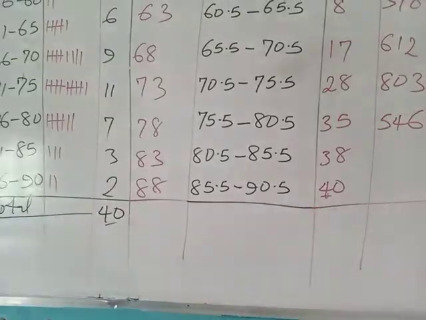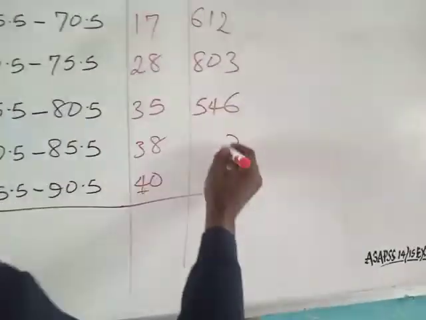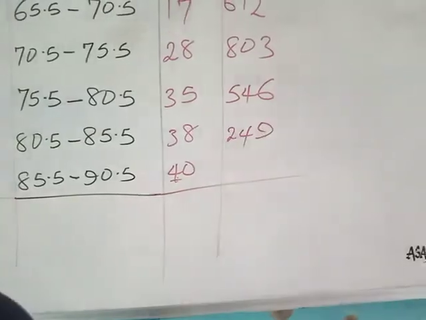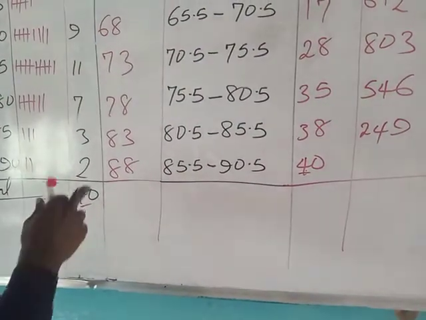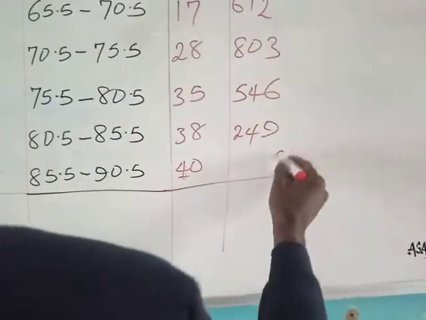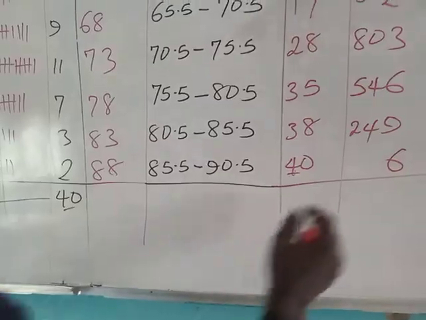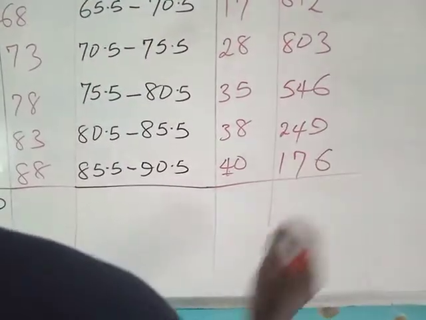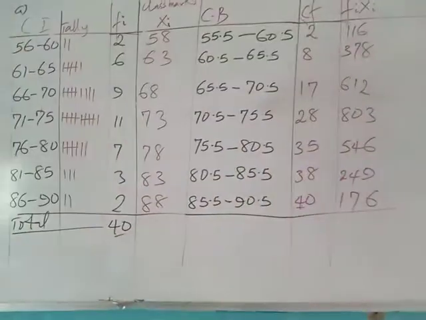And 3 times this will give us 249. Then we multiply this by, which is 176. So that is the fi x i.